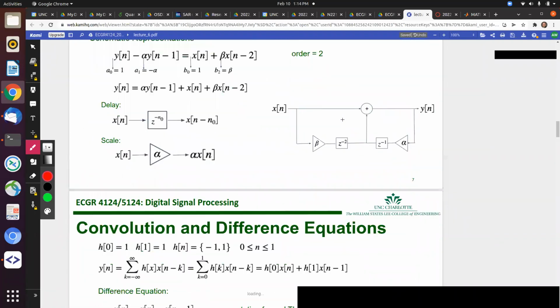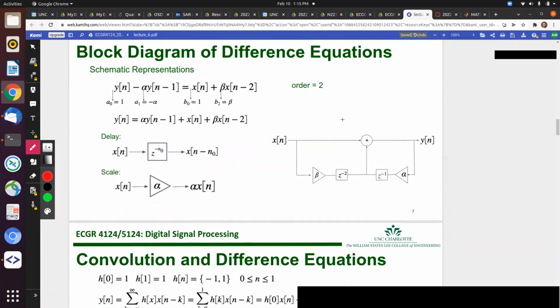Then we looked at a way to write these equations with block diagrams. I didn't go over this in detail, but you can see that here are the coefficients, right? There's a 1 in front of the y. It's a 1 or a minus alpha in front of the y of n minus 1 term. You have these sort of amplification terms. These are the terms that are out in front of the signals.